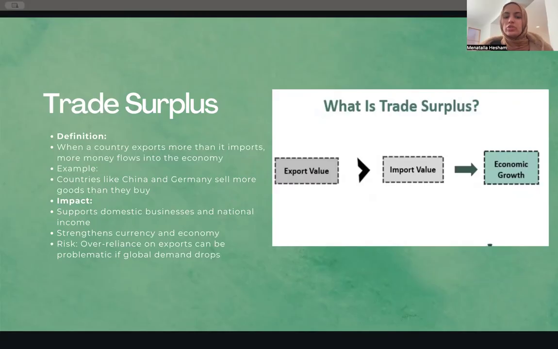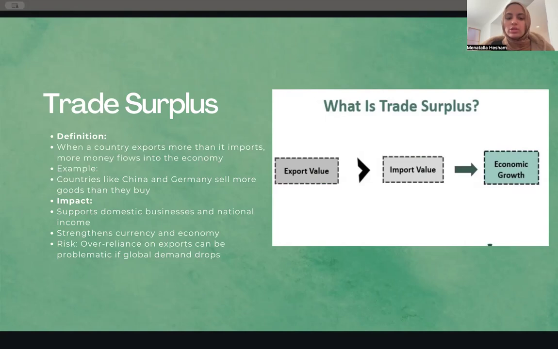So here's the trade surplus. A trade surplus is the opposite of a trade deficit. It occurs when a country exports more than it imports. In this case, money flows into the country. Countries like China and Germany often maintain trade surpluses because they export more cars, machinery, and electronics than they import.